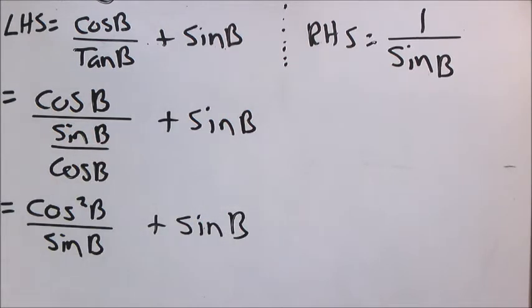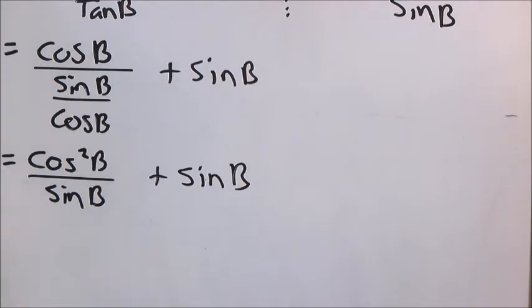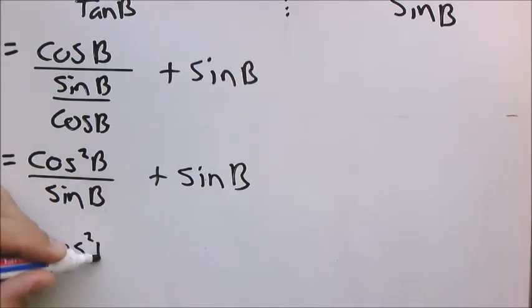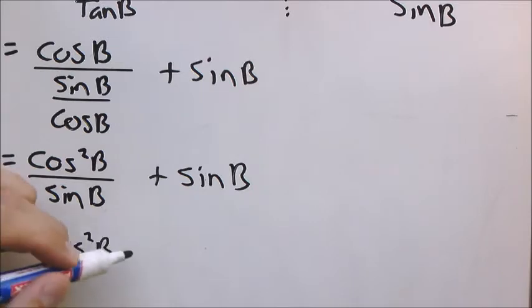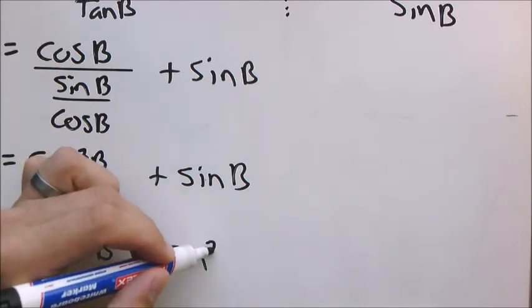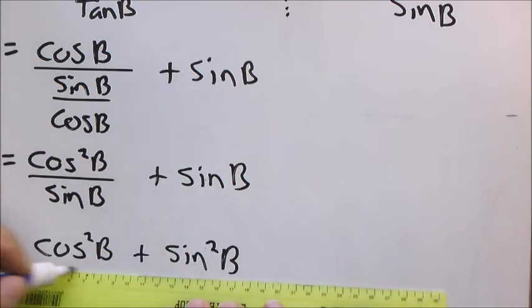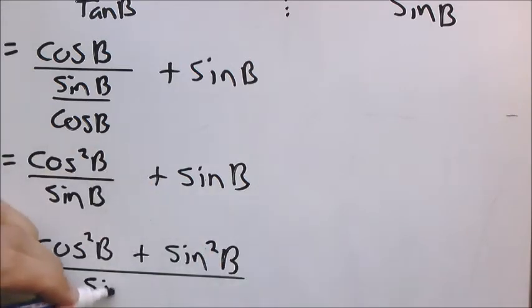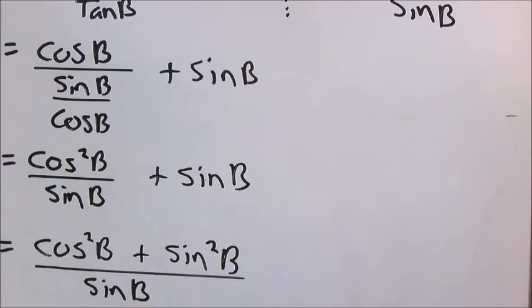Okay, again, we want to work towards a common denominator so that we can have a single term on the left hand side as well, because we know on the right hand side we've got a single term. So that's the next step. Common denominator, we can get that by multiplying the sine beta with sine beta over sine beta, and it will give us sine squared beta.